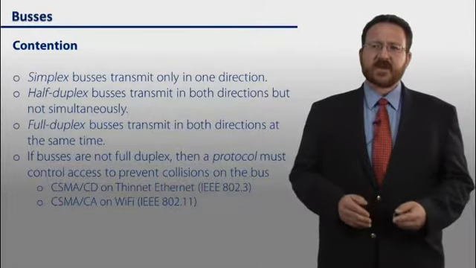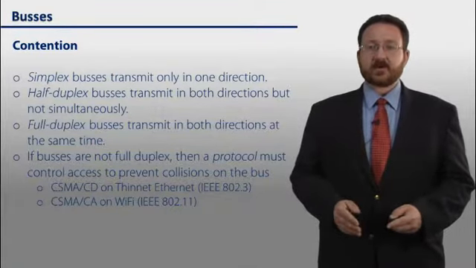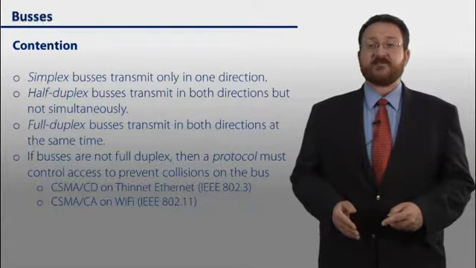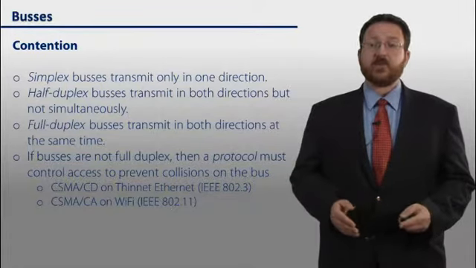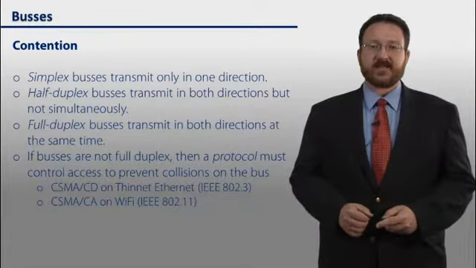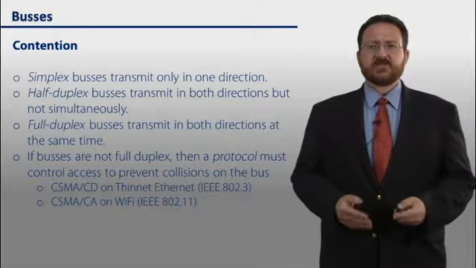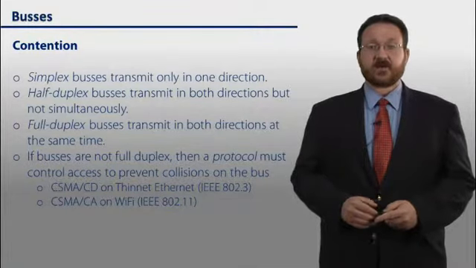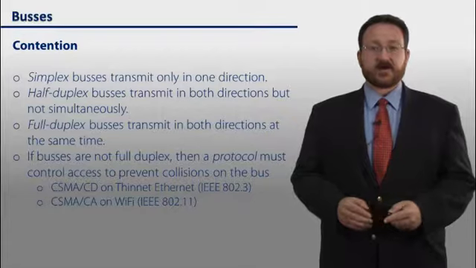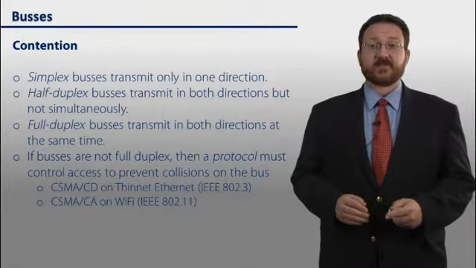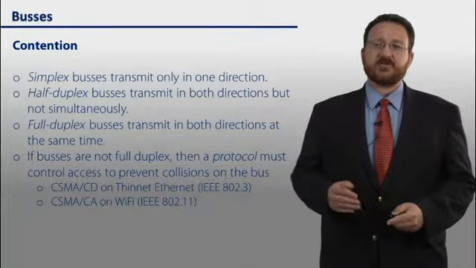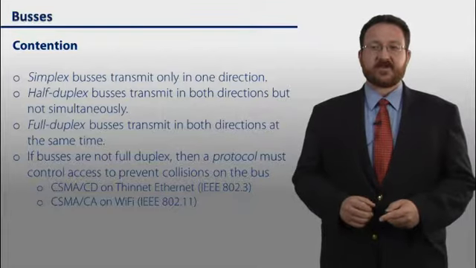So if buses are not full duplex, then a protocol has to control access to prevent a collision on the bus where two components try and write at the same time. Two typical collision or contention algorithms are carrier sense multiple access with collision detection, which is what you find on IEEE 802.3 Ethernet.